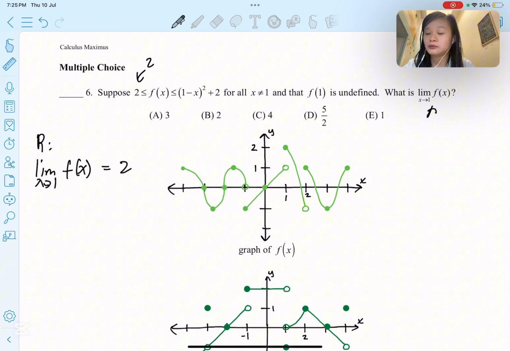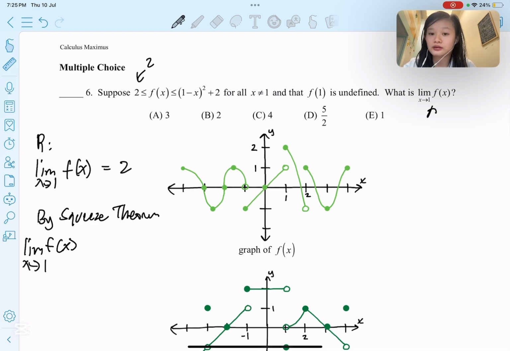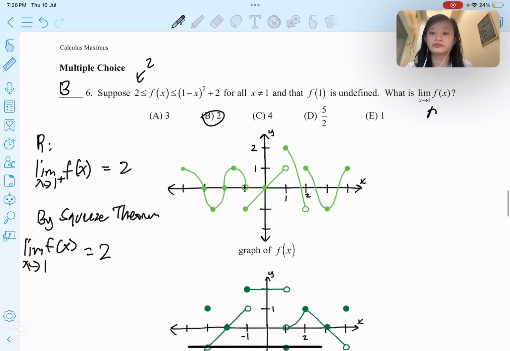If that is equal to 2 as well, because you sub it in, then by the squeeze theorem, the limit of f of x is also equal to 2, because of that rule, right? Left equals right equals f of x. Therefore, the function is continuous, so just be here.